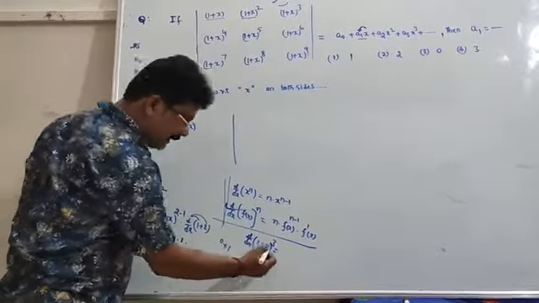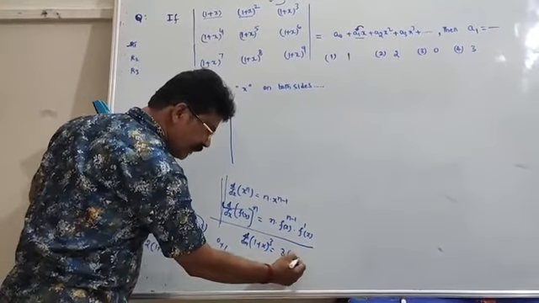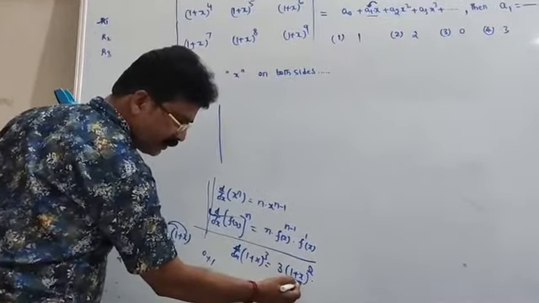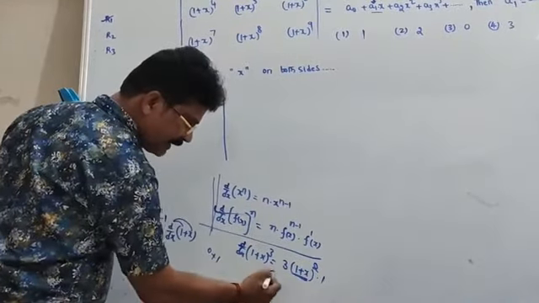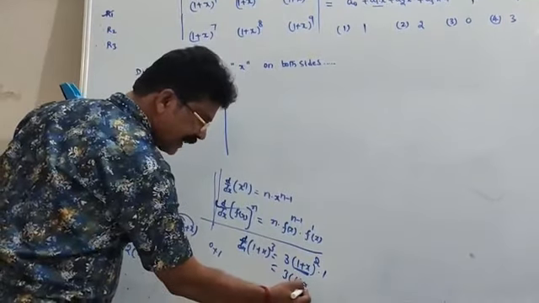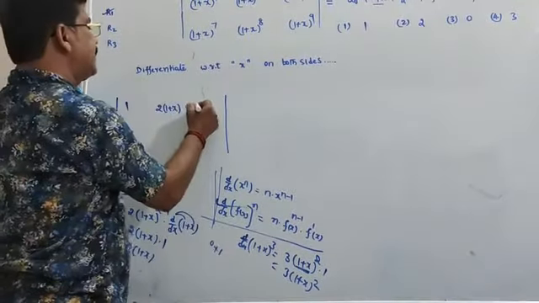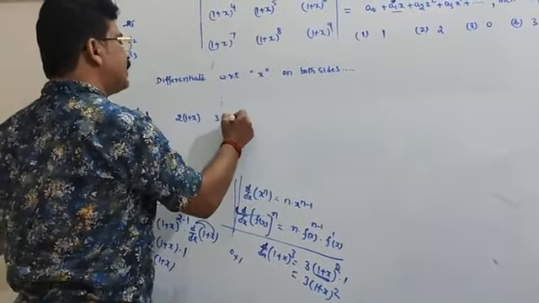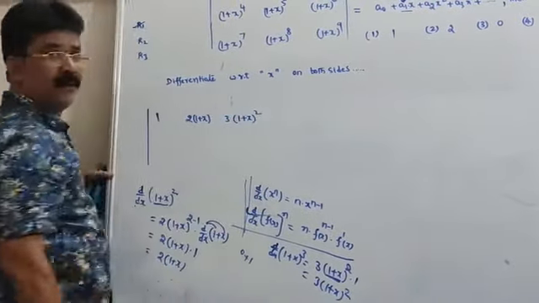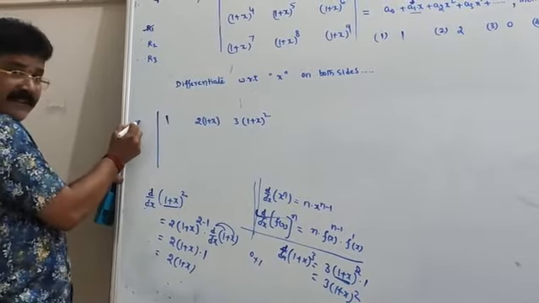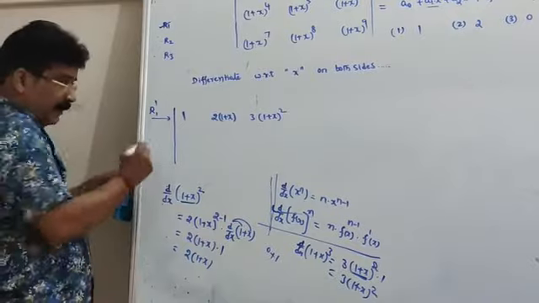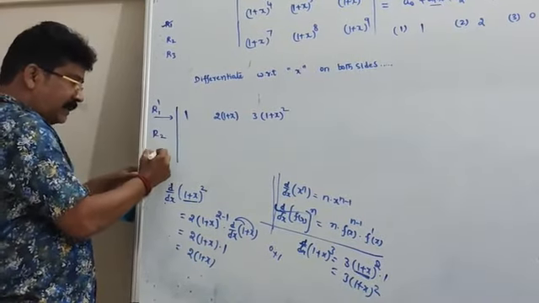Using this formula, n into (1 plus x) whole power 3 minus 1, 2, d by dx of (1 plus x) again, 1. So that is equal to 3 into (1 plus x) whole square. This is the differentiation of R1, that is R1 dash. What about R2 and R3?